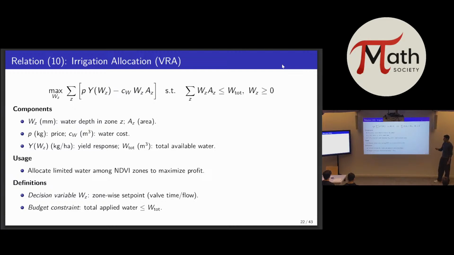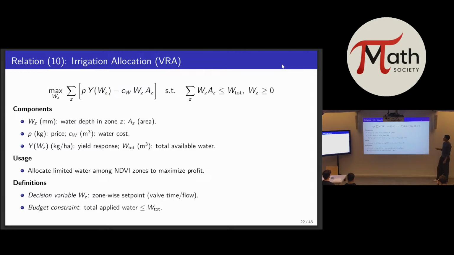So going on to the irrigation allocation. Basically, it allocates limited water among NDVI zones to maximize profits. This is what I was saying: it makes the agronomist pay less and have a better outcome.